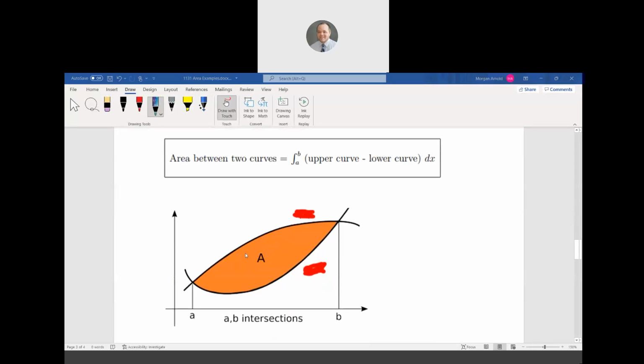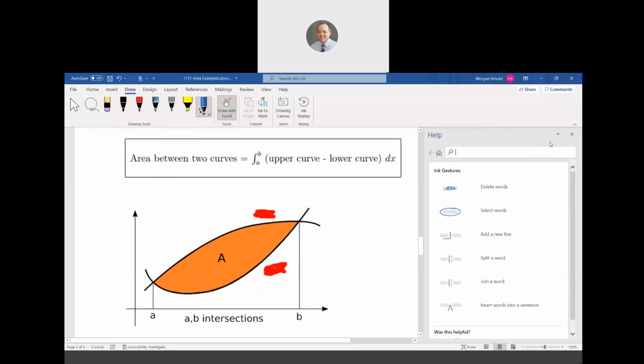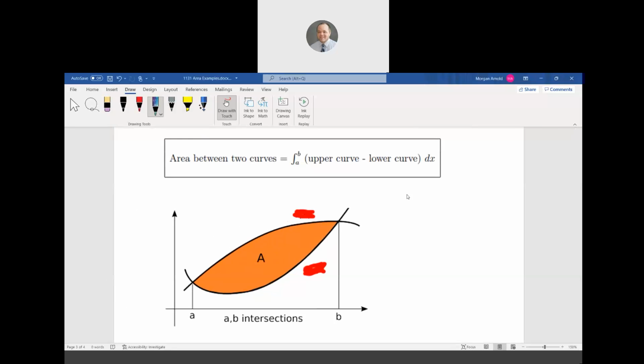Now let's say you got two curves pictured here with the area A, and you got to find the area between these two curves going from closed interval A to B. If your functions are given in terms of x, then you will use this specific formula to find the area between two curves.